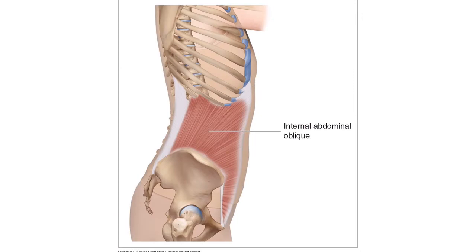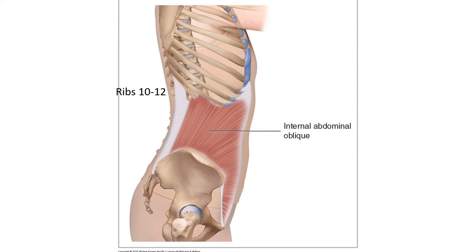When we remove the external oblique muscle of the anterior abdominal wall, we are going to see this muscle. This muscle is coming from ribs 10 to 12, the lowest two ribs, in contrast to the external oblique, which extends from higher up, the lower ribs from 5 to 12.